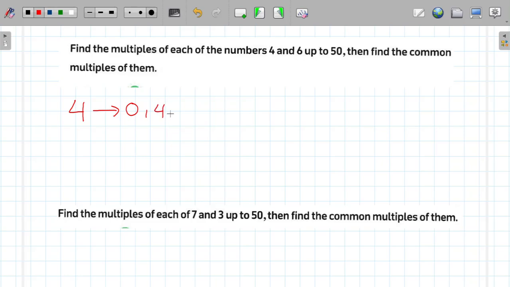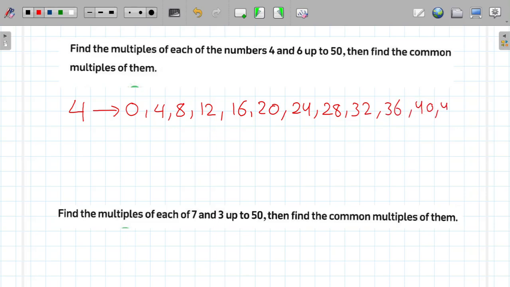Next I have 4, 8, 12, 16, 20, 24, 28, 32, 36, 40, 44, and 48. And I will stop here because the next number is 52 and I want to stop at 50.